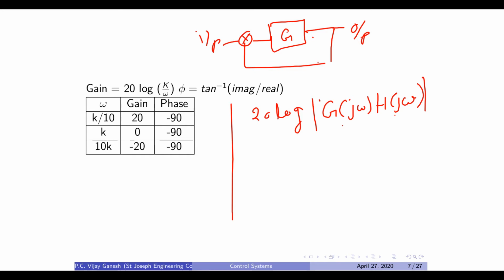If we have unity feedback, then H of j omega equals 1. That means I have to take only 20 log mod of G of j omega.